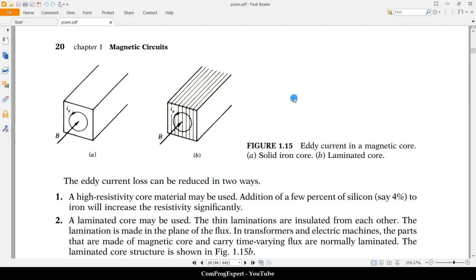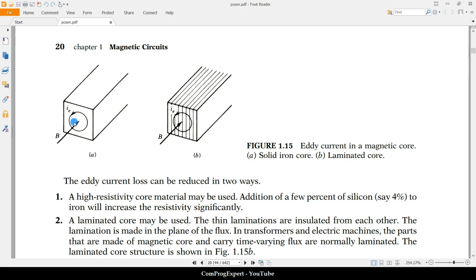As you know, the aim of using laminated cores is to reduce eddy current loss. If we use a solid iron core, the amount of eddy current loss will be high, so we will have a high amount of power loss and heat generated inside the core, and we should remove this heat from the core to ambient.